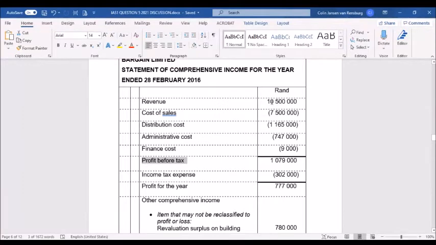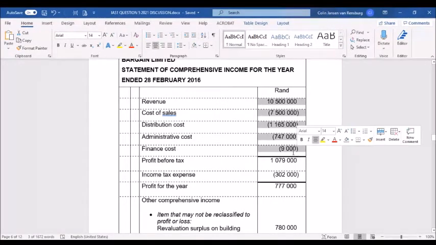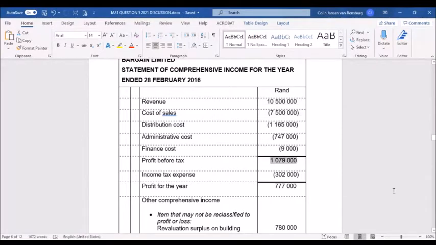So now we simply add up all the positives here, and we deduct all the negatives. That gives us the subtotal there. So we see this company has a profit before tax of 1,079,000 rands, right?